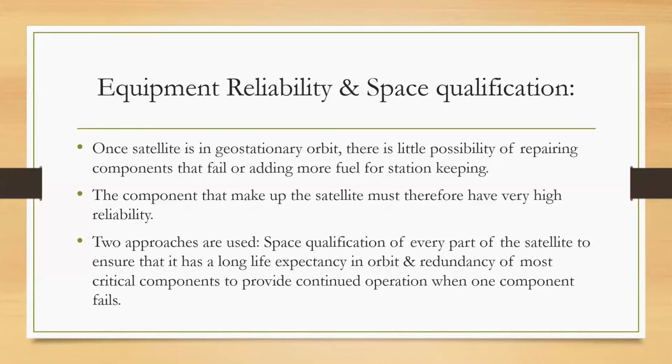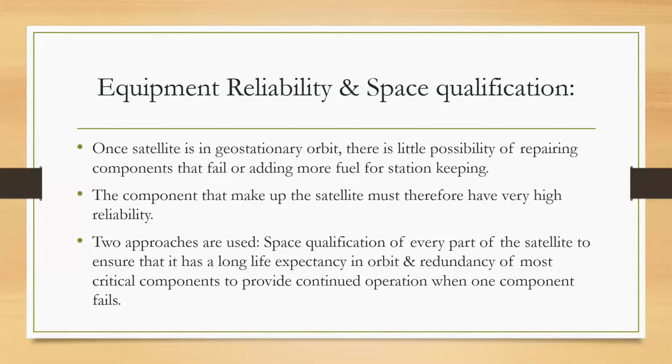In case one system fails, you need to create backups. Those backups, definitely there will be a cost involved in it, there will be a weight involved in it, but that much is important, because you want to increase the life of the system and also the working of the system. So the components that make up the satellite must therefore have very high reliability.